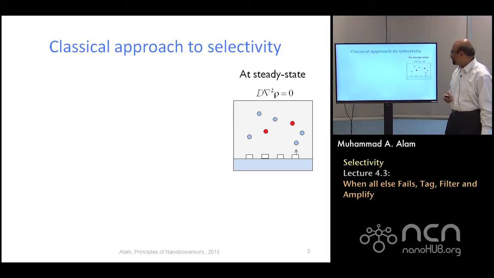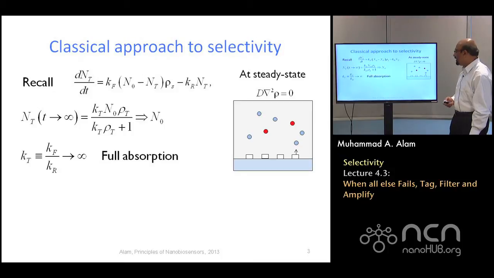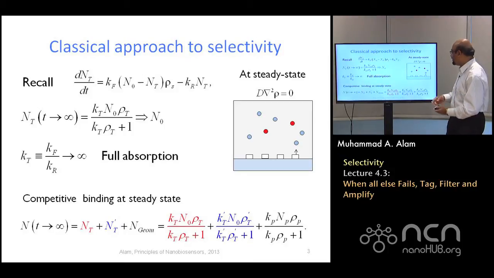Just to get back to the original problem, you remember that there have been some biomolecules floating around, diffusing around, and they are being captured by, let's say, these four sensors in the solution. And of course, we are generally interested in the capture of the right molecule, which is, let's say, the red, with the correct sensor.